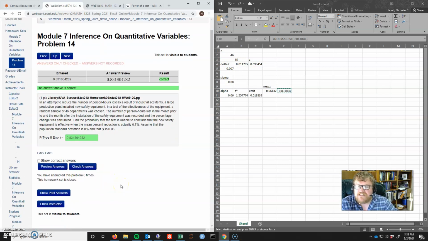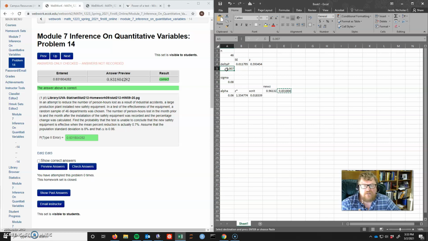One of the difficulties in doing these powers, these probabilities of the type 2 errors, is that you have to know this delta p thing. You have to know before you start what the actual value was. In statistics, we won't know that, right? We're going to be trying to estimate that or trying to say that something is. So it's a little different of a setup, but it gives you guys a little introduction into some of the ways that things can go really wrong.